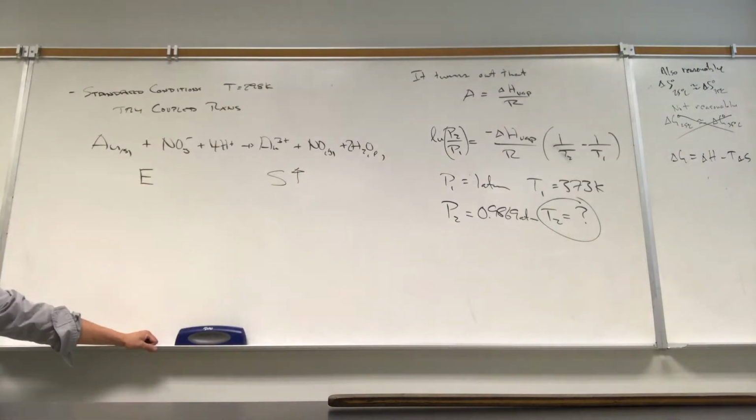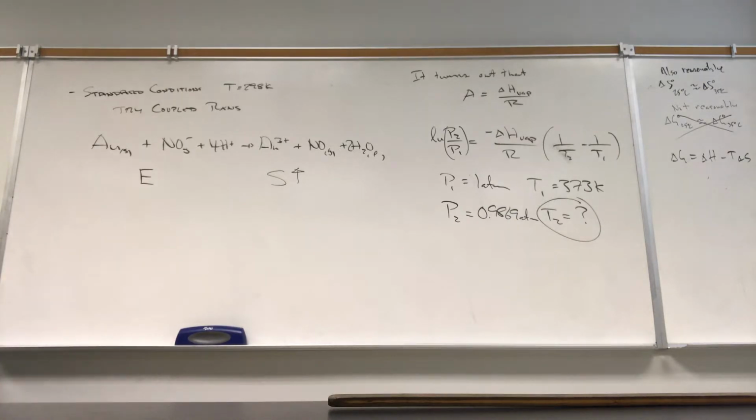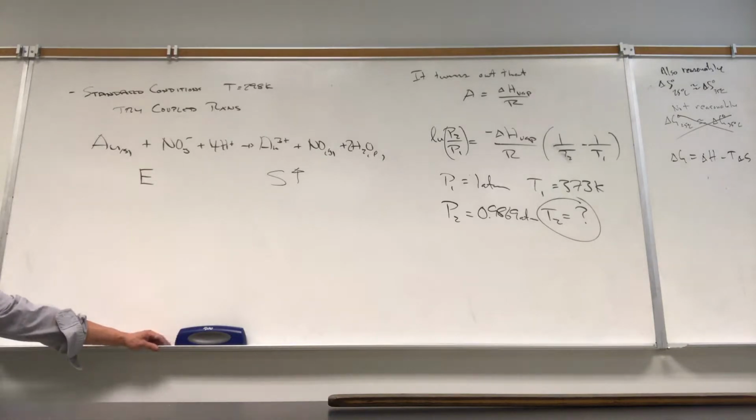Energy, is it going up or down? Well, what kind of reaction is this? Is it metathesis? This is redox. So for redox, we think in terms of what for a driving force?